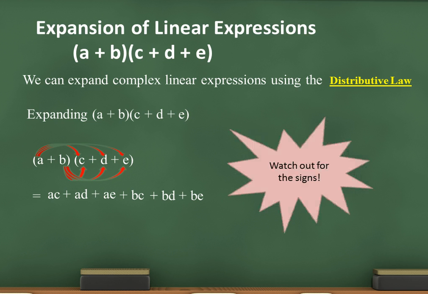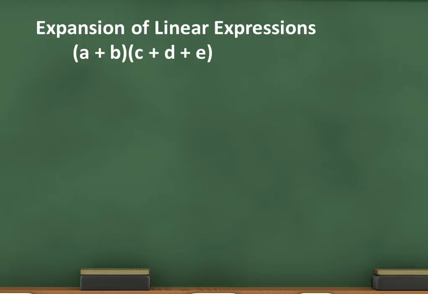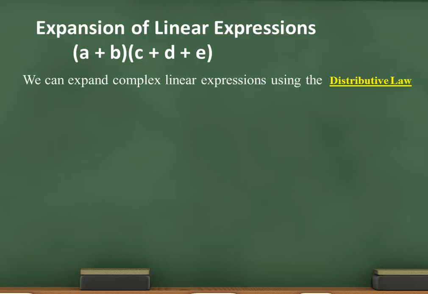Do take note and watch out for the signs. If there are any negative signs, remember to make the changes accordingly. As you can see, it's still quite simple despite the expression getting a little more complex.